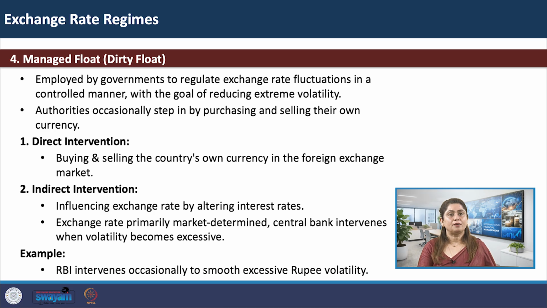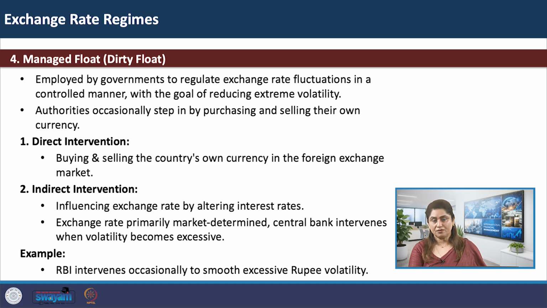India operates something close to the managed float. The Reserve Bank of India allows the rupee to trade, but it monitors the rate carefully. When the rupee weakens too fast, say during a capital outflow crisis, the RBI intervenes to support the rupee. When the rupee strengthens too rapidly and threatens export competitiveness, the RBI can smooth that out too.